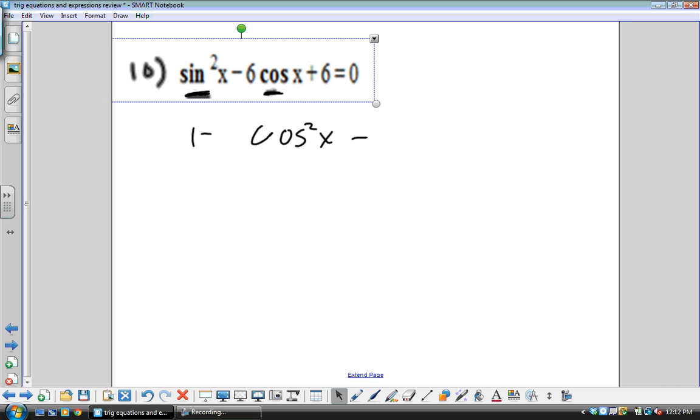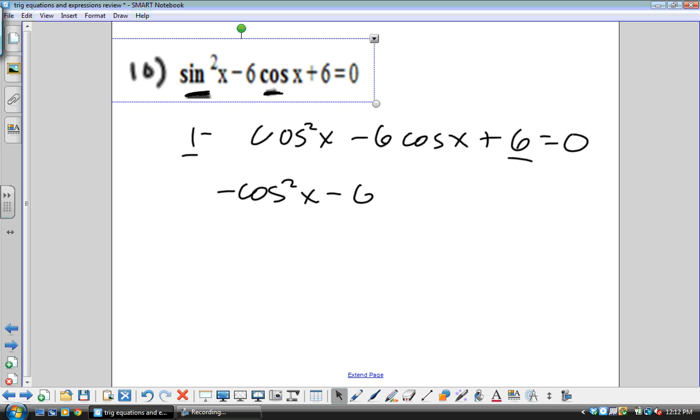Now I'm going to continue with the rest of it here. Okay, now let's put together our like terms here. We can put the 1 and the 6 there together, and that's going to give me 7. So I'll be left with negative cosine squared x minus 6 cosine x, and then plus 7.